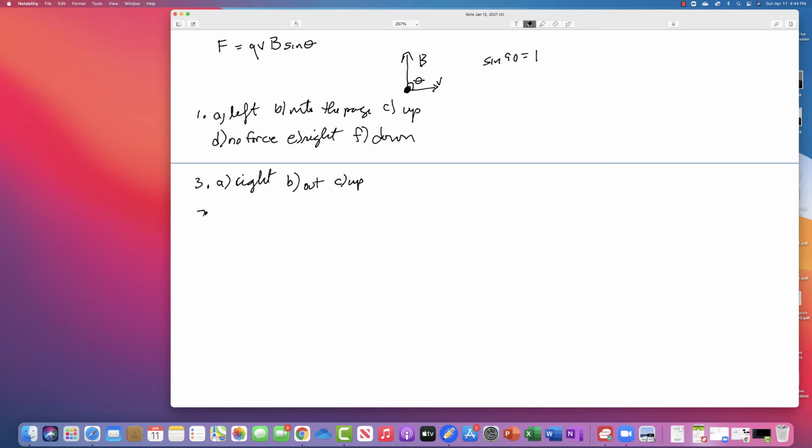Number 7. Now with number 7, we start doing some calculations. Number 7 states, what is the maximum force, so it's telling you that the angle is 90 degrees, on an aluminum rod that has a charge, so Q is 0.1 times 10 to the minus 6 coulombs.